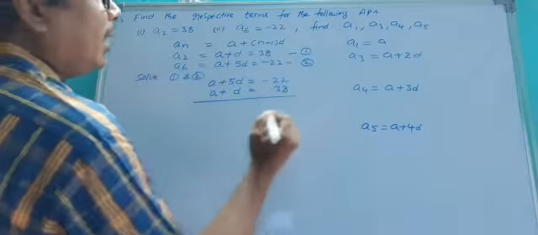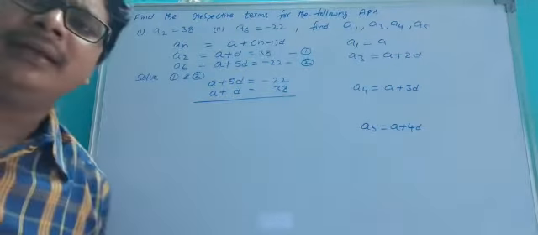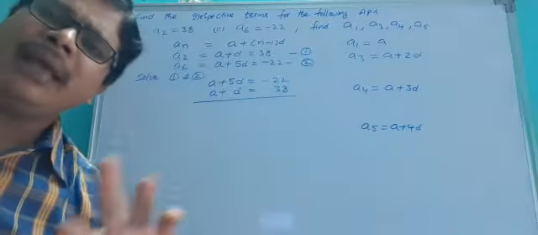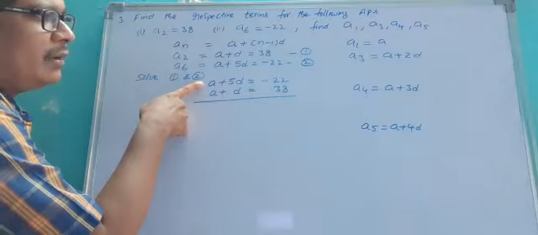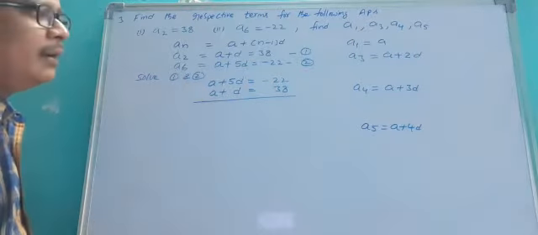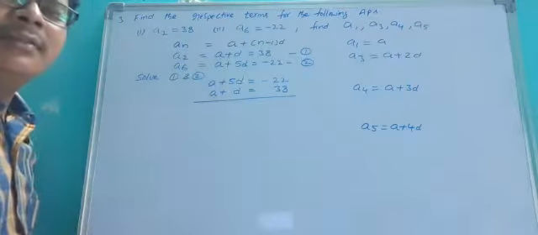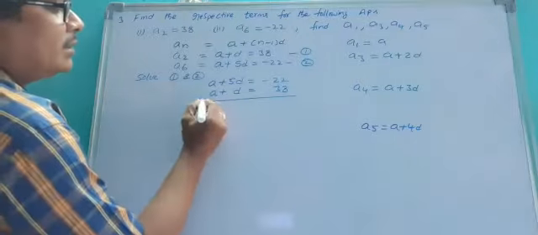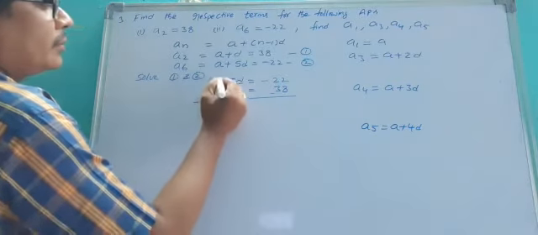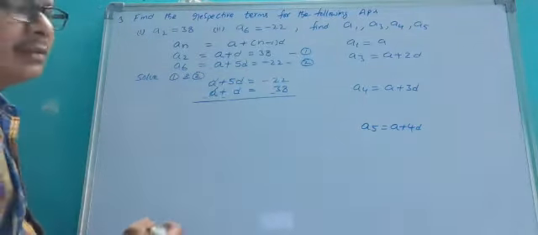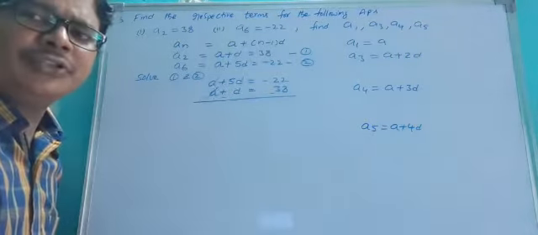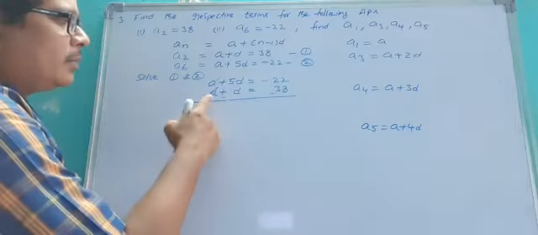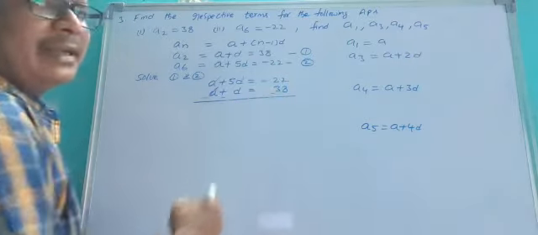First of all, you have to eliminate one of the variables, A or D. Subtract the second equation from the first and you get one of the values, like D. Plus A minus A cancels. If you use subtraction, you change the signs of the second expression: minus A, minus D, minus 38.